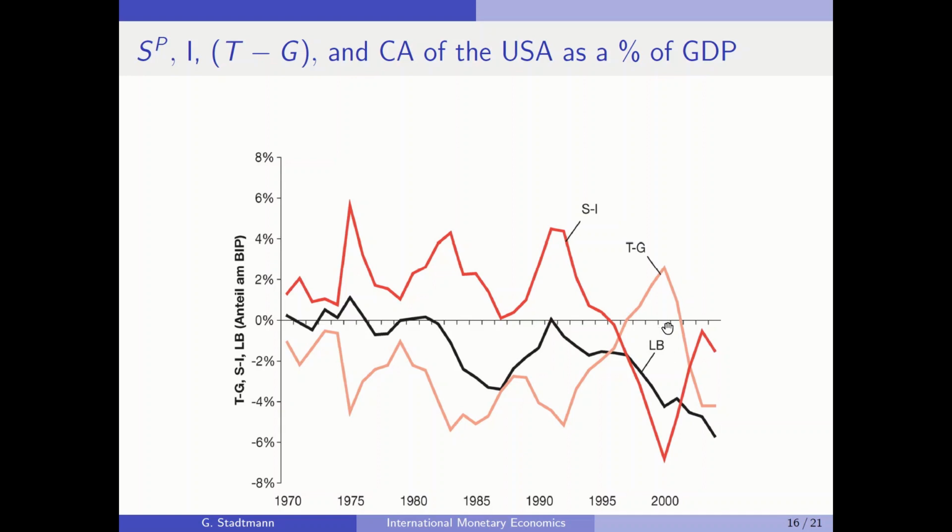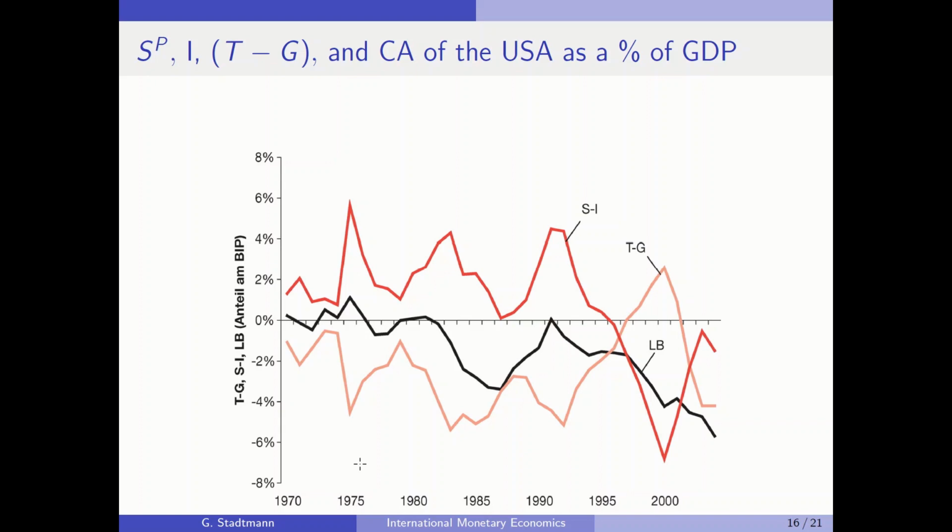Then also here, after the bursting of the dot-com bubble, it is the case that T minus G is going down and S minus I is going up. So it seems to be the case that in a recession, S minus I is going up and T minus G is going down. So it seems the business cycle is driving this relationship.